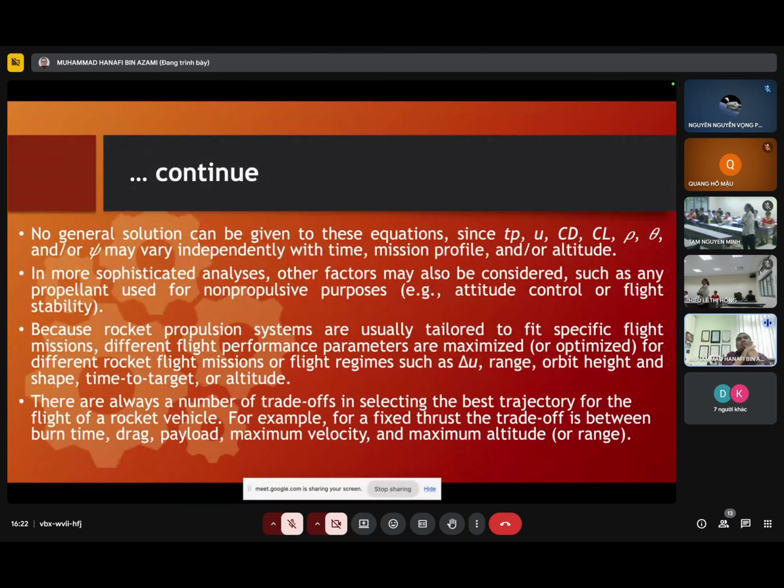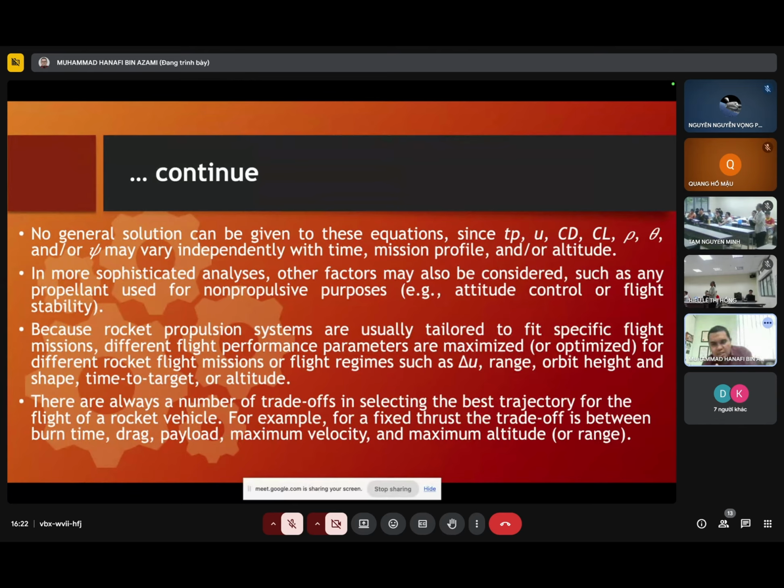So that is why, if you want your mission to go furthest, these are the angles. If you want to go high, why would you need to go high? Maybe you want to avoid radar, something like that. So they shoot at a higher angle.